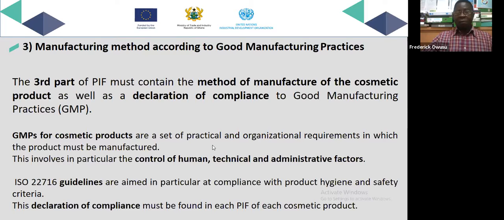This declaration of compliance must be found in each PIF of each cosmetic product. What are you saying there? It means that each product that you intend exporting must have its own PIF, and the declaration should be part of the PIF.